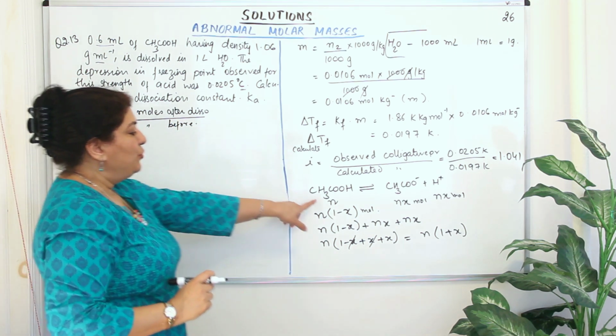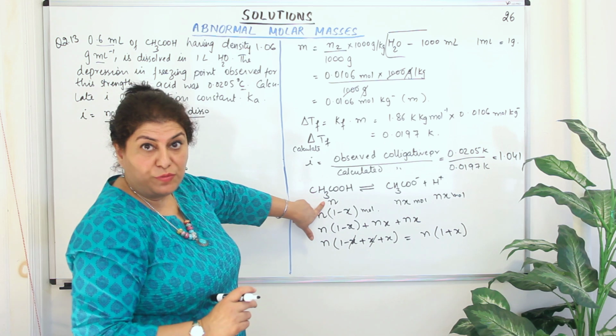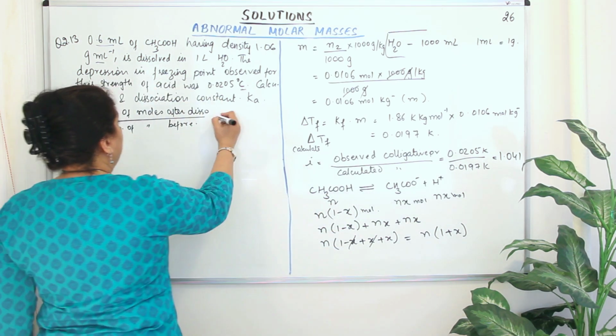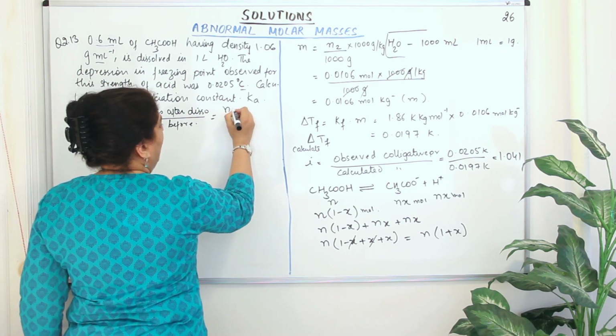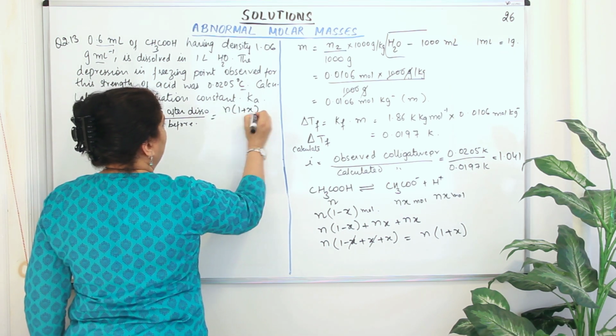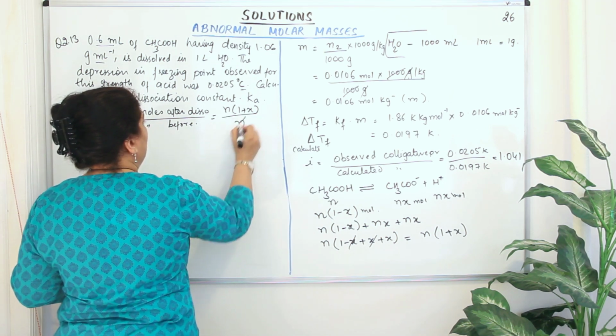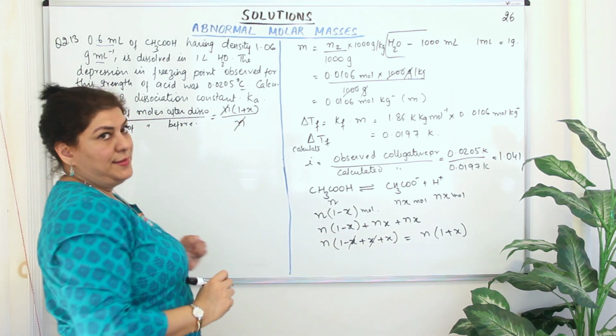We started with n moles of the solute before dissociation. So i is equal to n(1 plus x), the number of moles of particles after dissociation, divided by n. So n and n get cancelled.